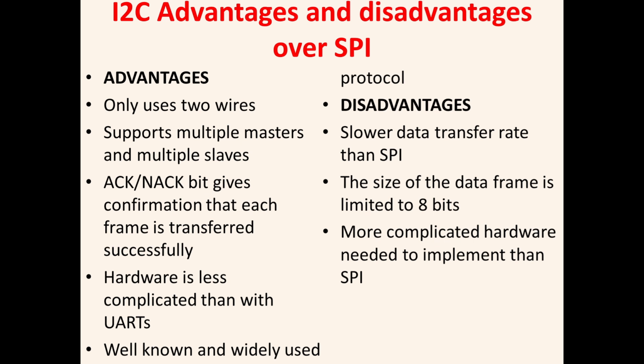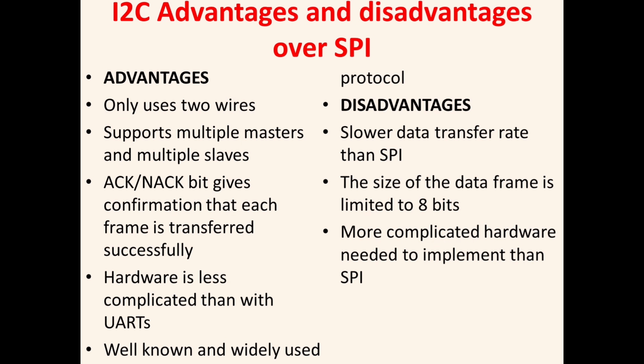Just to quickly revise, those 4 wires are SS, SDO, SDI and SCL. Through those 4 wires communication is established, whereas for I2C only 2 wires are required.